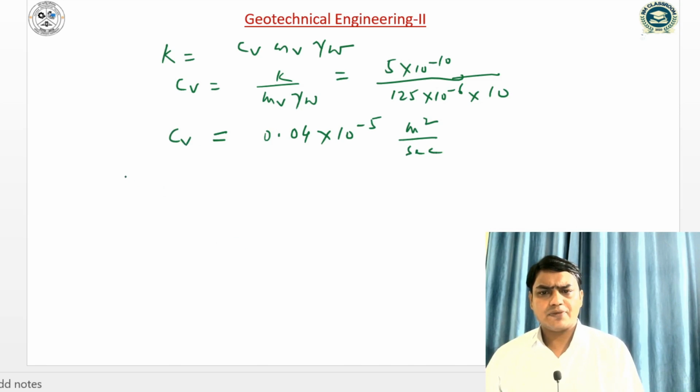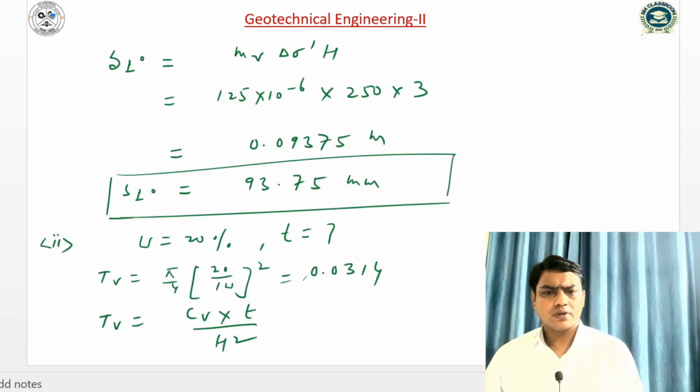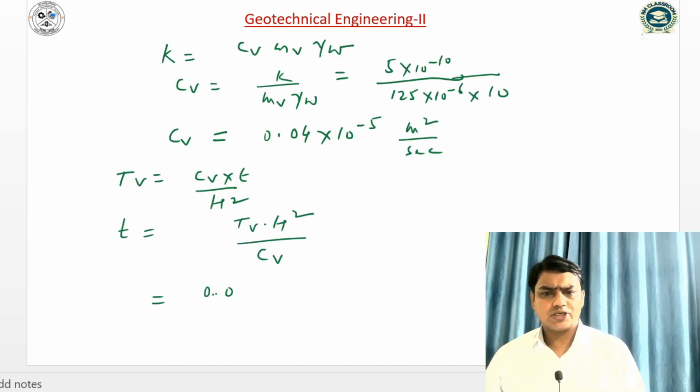So time can be computed from Tv is equal to Cv into t divided by H square, and here there is a single drainage, so t can be written as Tv into H square divided by Cv. The time factor is 0.0314, so 0.0314 into 3 square divided by 0.04 into 10 to the power minus 5.